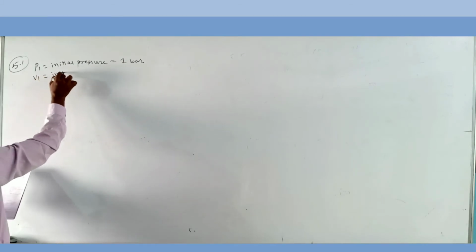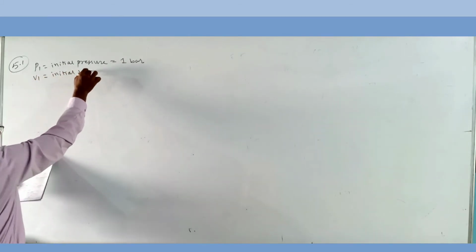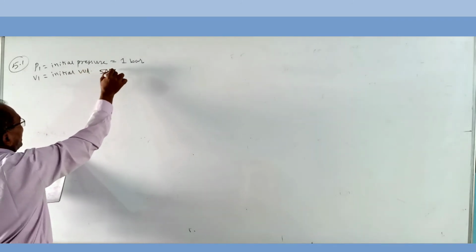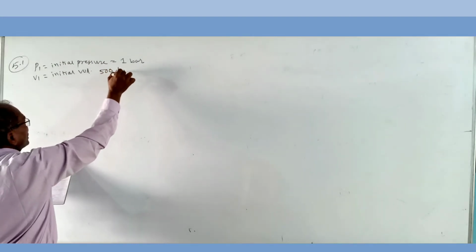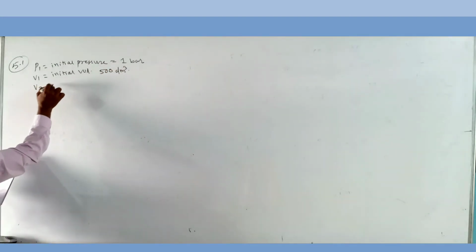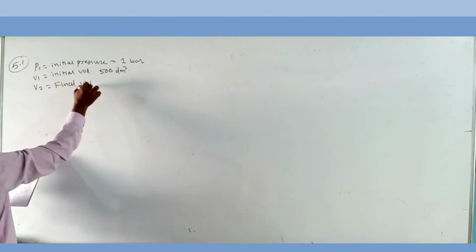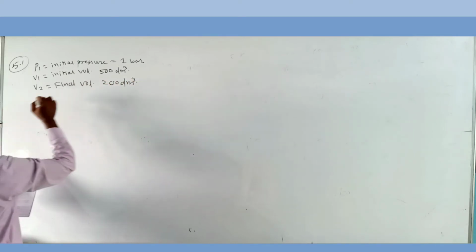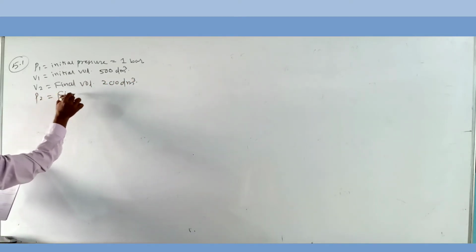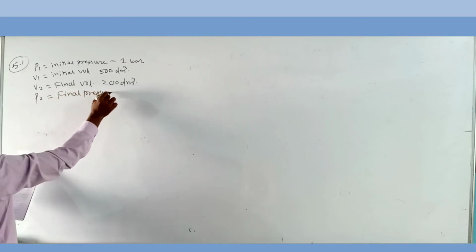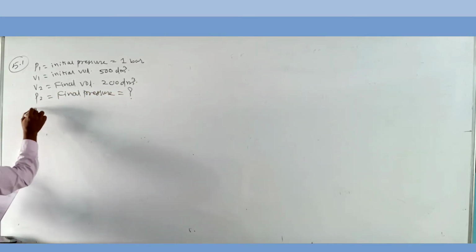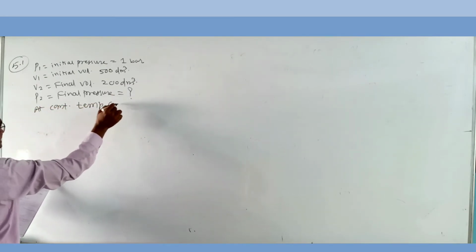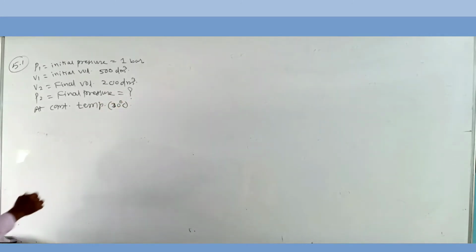V1 is equal to initial volume, that is 500 dm cube. Then V2 is equal to final volume, that is 200 dm cube, and calculate here final pressure P2 at constant temperature, that is 30 degrees Celsius.